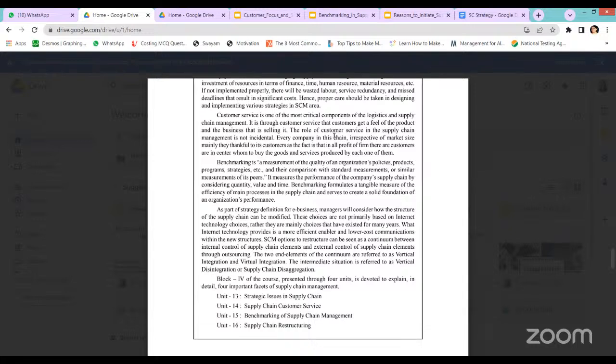So this involves restructuring of the supply chain according to updated technologies, the requirements of the market, or customer needs, in order to reduce cost as well as meet customer expectations. These four units we are going to learn today under block 4, supply chain strategies.